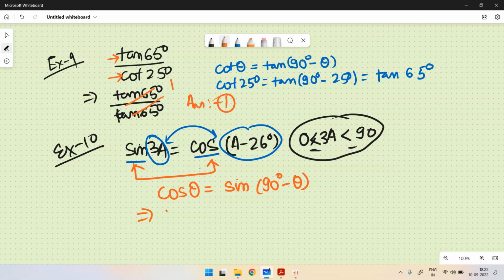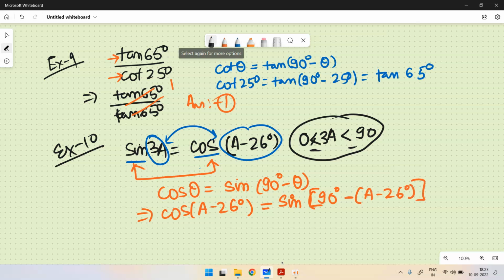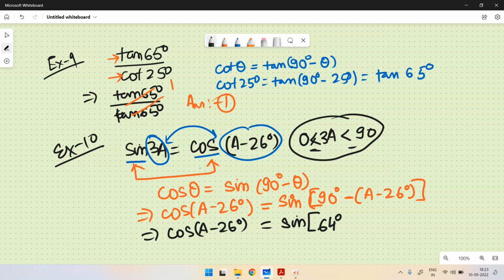So cos of a minus 26 degree is sine of 90 degree minus a minus 26 degree, which is sine of 64 degree minus a.